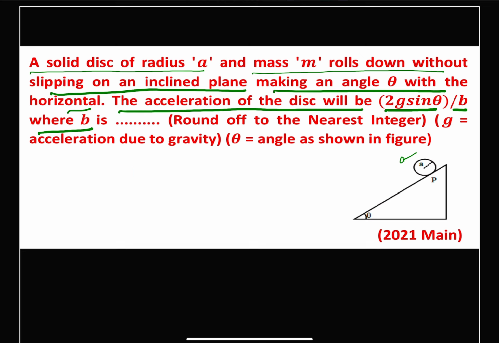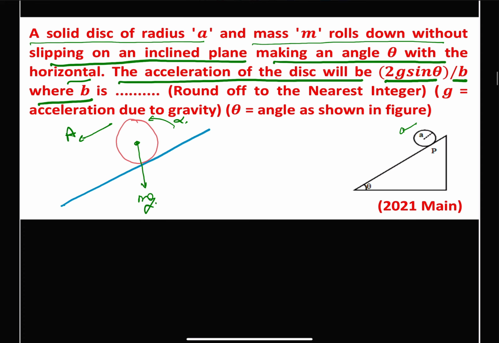So we are going to have our mg in the downward direction, and let us assume that the center of mass acceleration is capital A, and the angular acceleration is suppose alpha, and this angle is given as theta.